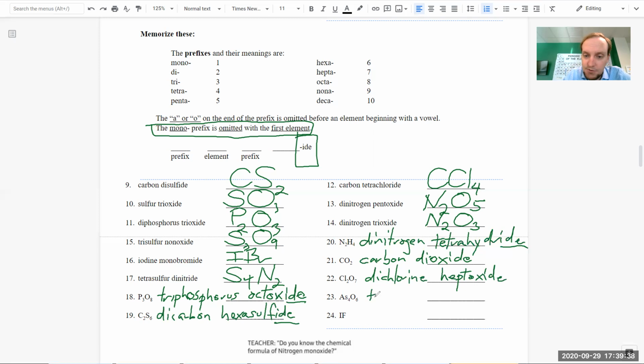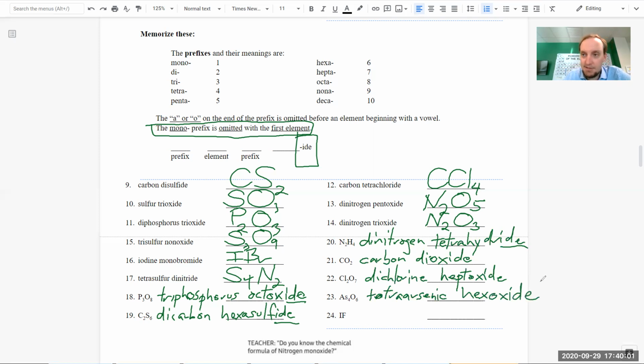As4O6, wow. Tetraarsenic. Wow. Hexaoxide, or hexoxide. Yeah, hexoxide. Hexoxide.